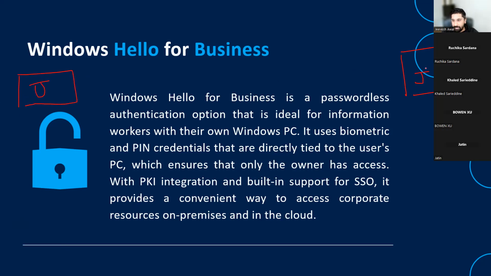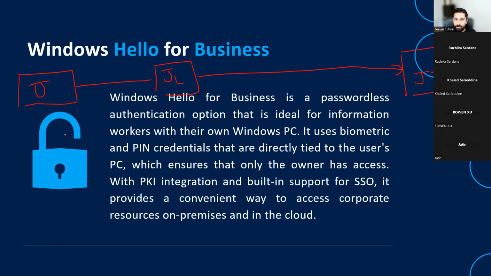I am authorized to access this payslip, but I cannot access this payslip directly. If I'm using Hello for Business, I need to be only logged in into my device, and then my device will be, let's say I'm calling this Jivesh's laptop, only this can be authenticated. So when we have this kind of architecture, we are relying that this laptop is always going to be under my possession.